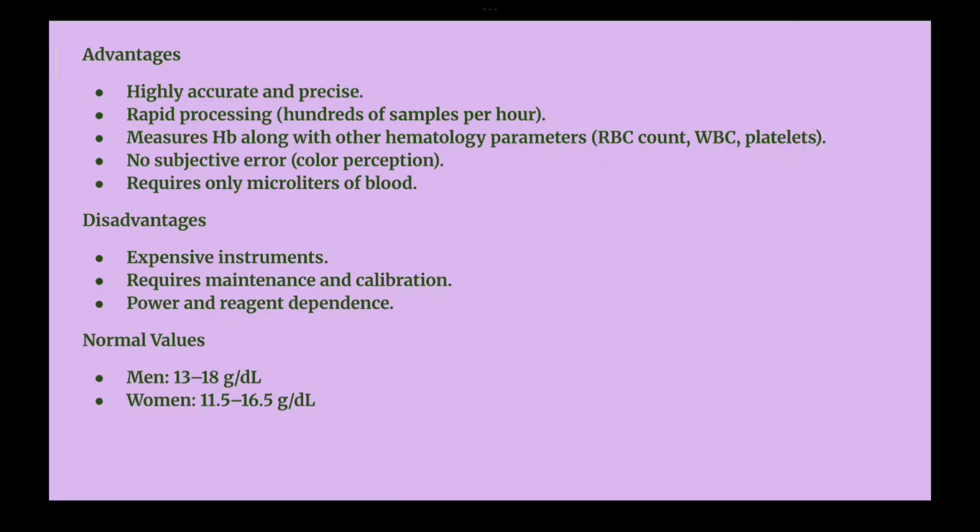We have seen the various advantages and disadvantages of each method and the normal values that are going to determine the HB of a patient. Anything above or below these normal ranges is going to help diagnose different kinds of diseases that can be observed in a human.